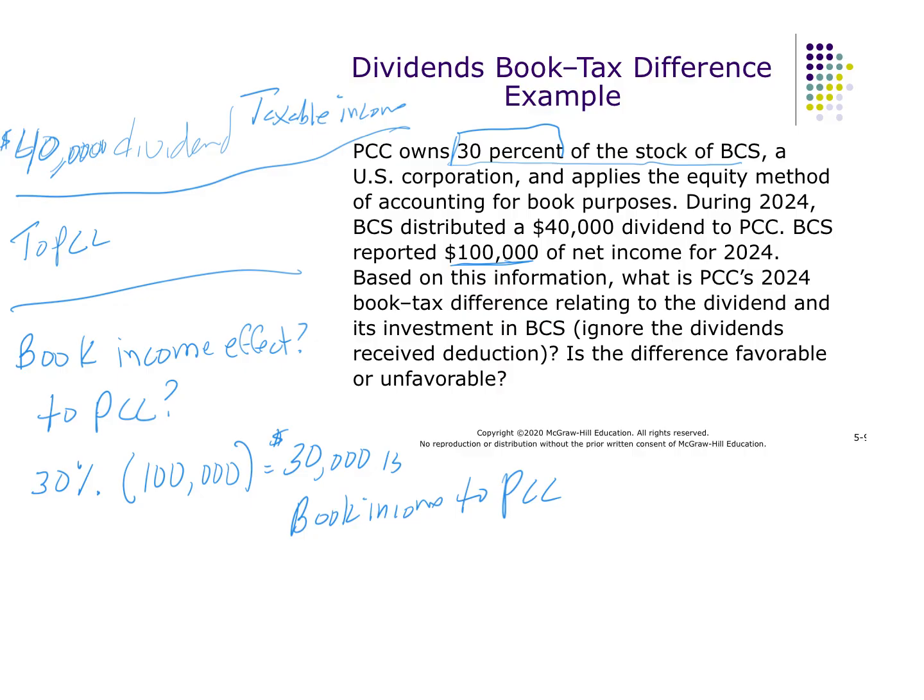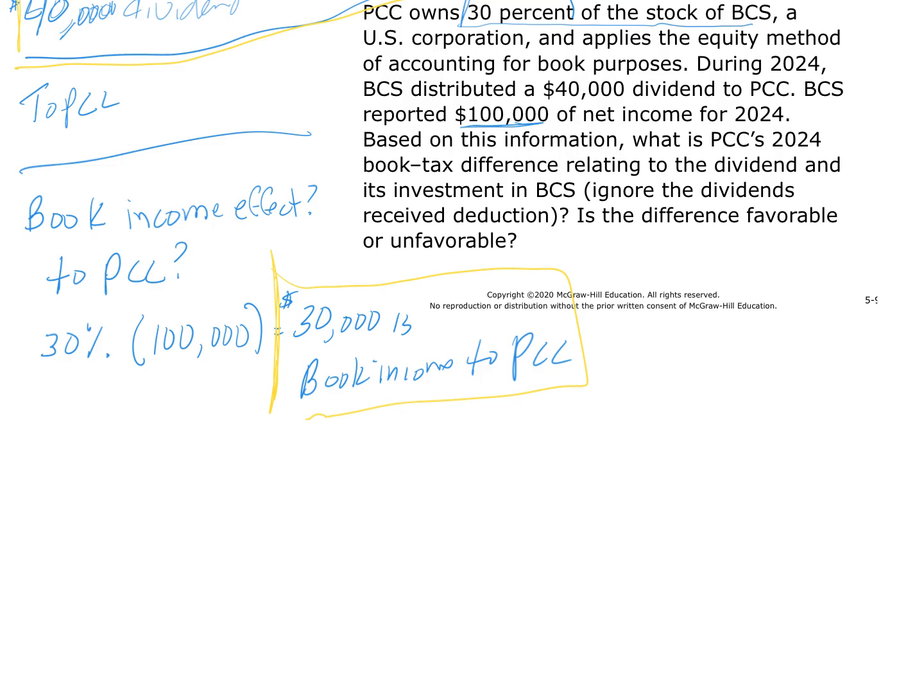So we've got $40,000 of taxable income and $30,000 of book income. What then is our book tax difference?